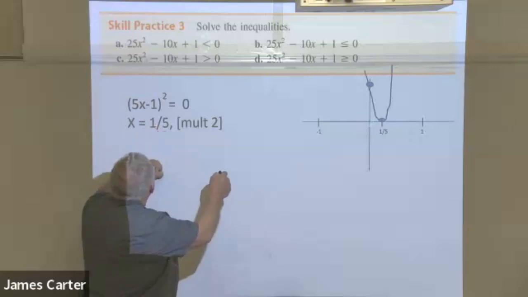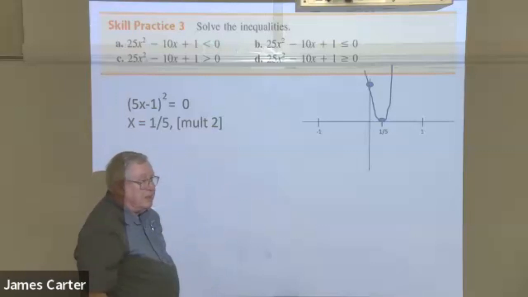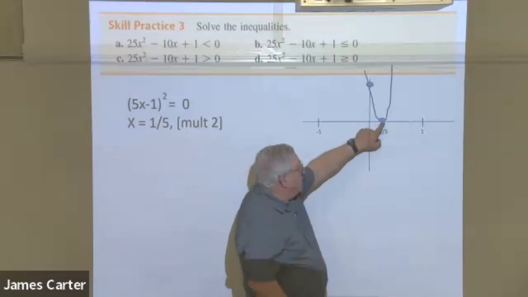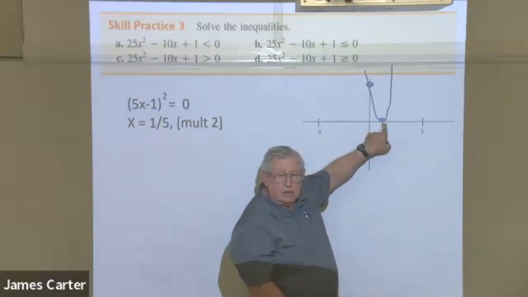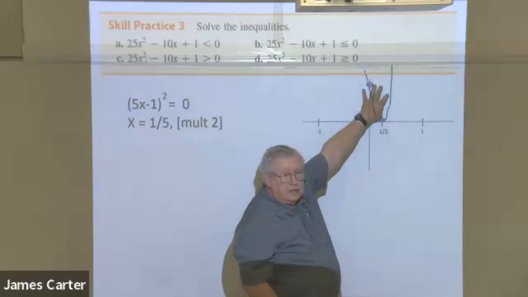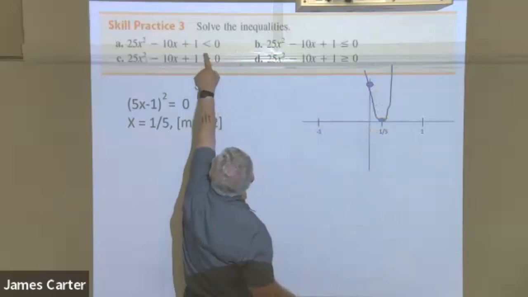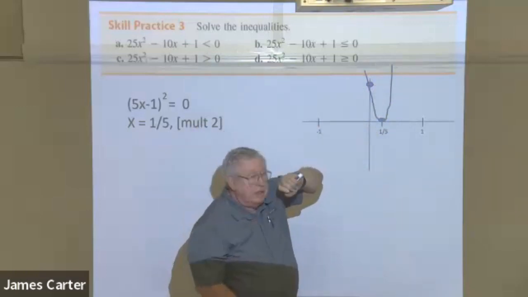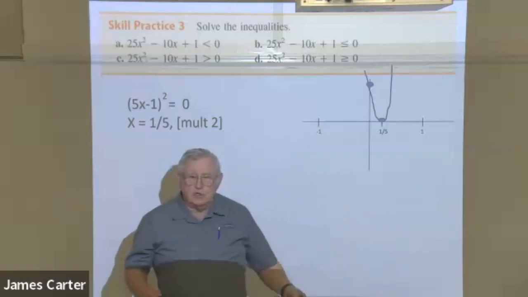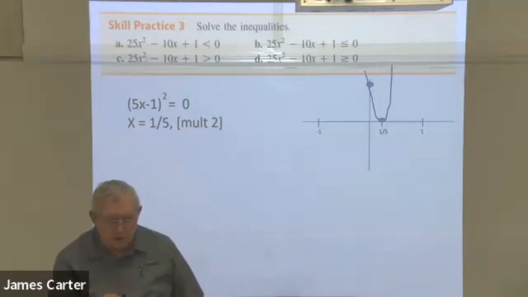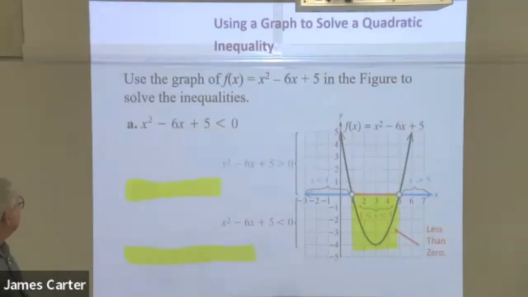Now, based on this symbol on A, what part is going to be included? Well, it can't include the point on the line. And it can't include anything above because this says littler than. So the answer on this one is also going to be no solution, empty set.